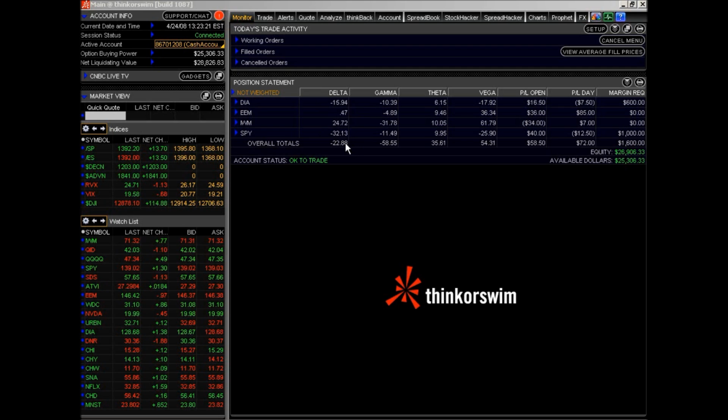When it becomes really significant is when these numbers become so large that it's quite obvious that an adjustment is going to be necessary so that we don't lose a great deal of money. When the delta becomes negative 300, for example, and the market is rallying as it is today, up 113 points as represented by the Dow Jones Industrial Average, then we would be losing close to $300.